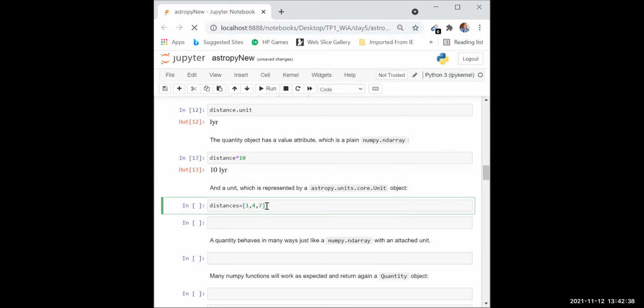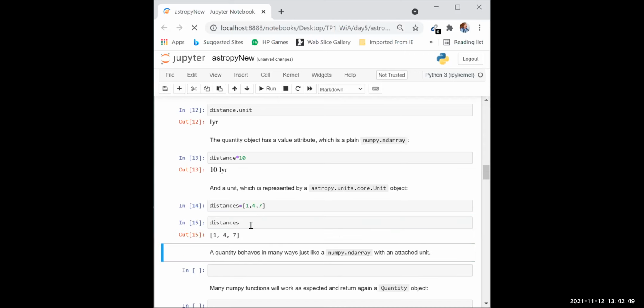And if I execute this, and if you look at what this distances is, yeah, there's a difference between distance and distances, two variables we have defined, and it is showing you it is 1, 4, 7, right? These are the distances.